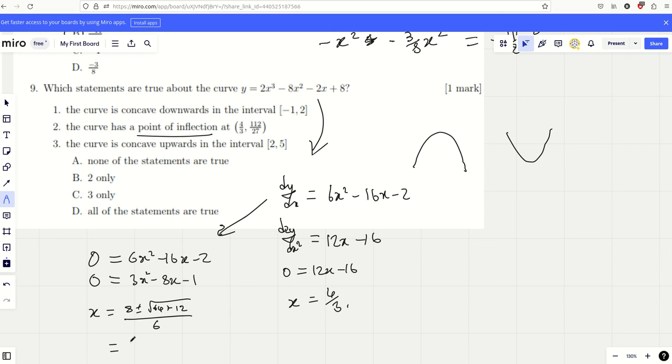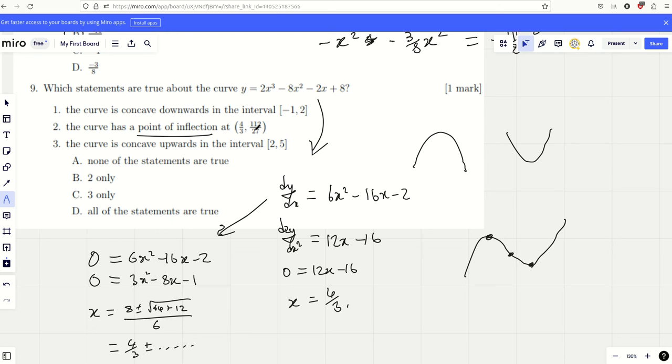You're going to end up with 4/3 plus or minus some value, yeah? That's because basically the turning points on a cubic are exactly slap bang in the middle of them. You've always got a point of inflection, yeah? That's a true story, that is. You've always got a point of inflection slap bang in the middle of two turning points. It's not a stationary point of inflection, it's a non-stationary point of inflection. And so here is your point of inflection.